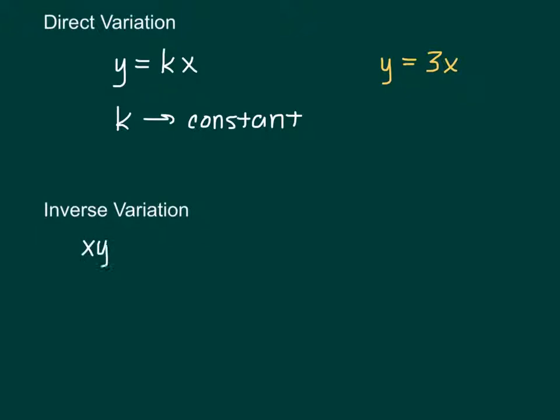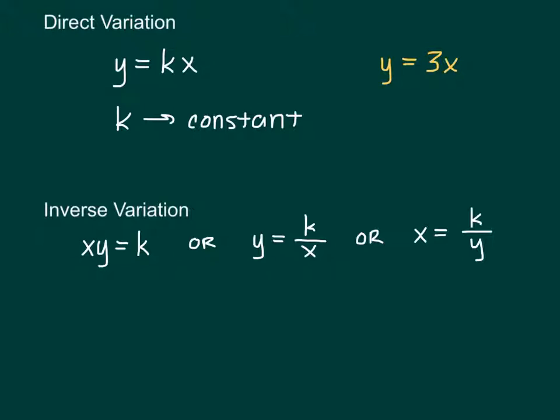You can say x times y equals k, or you can think about it like y equals k over x, or you can switch the x and the y there. You can say x equals k over y, where again, k is a constant.